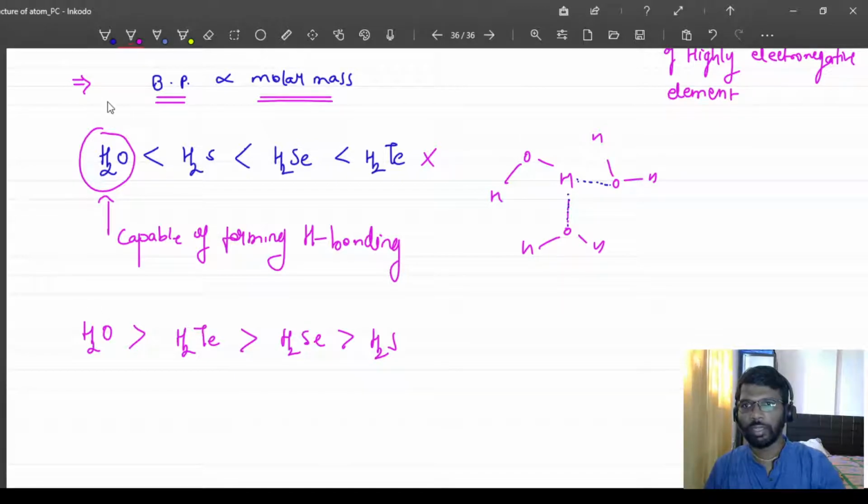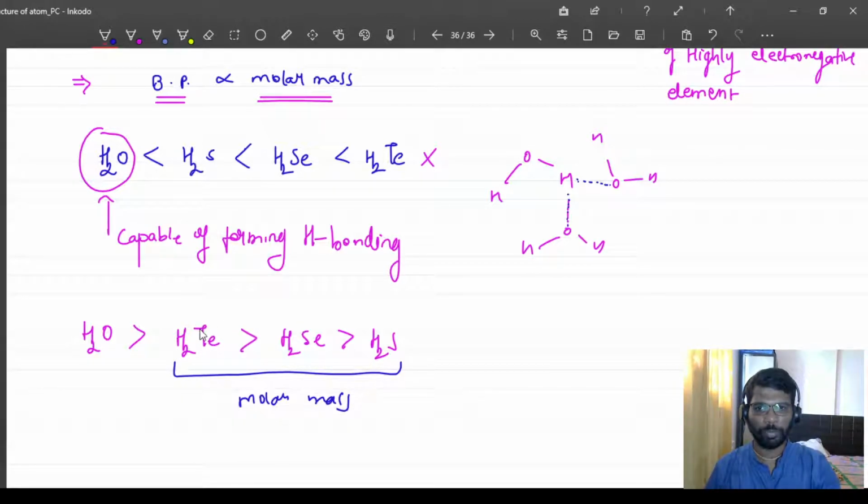Here H2O is higher because it is capable of forming a hydrogen bond due to the presence of an electronegative element, and the rest of the order you can write based on the molar mass. This one has a greater boiling point than the other because it has a higher molar mass. So this is the order of the boiling point.